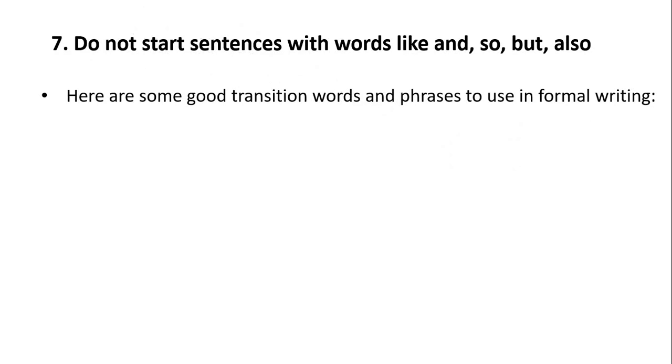Number 7, do not start sentences with words like and, so, but, also. So siguro common na kayo ni sa atoa kay nakaagi na ta grade 12 sa research paper nga bawal gamiton ang mag-start sa and, so, but, and also. Here are some good transition words and phrases to use in formal writing.